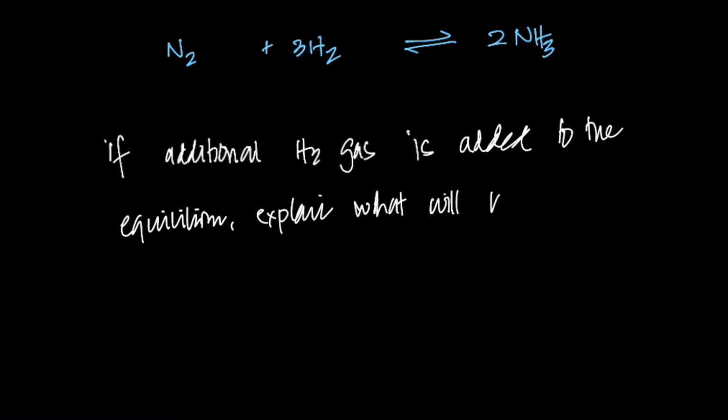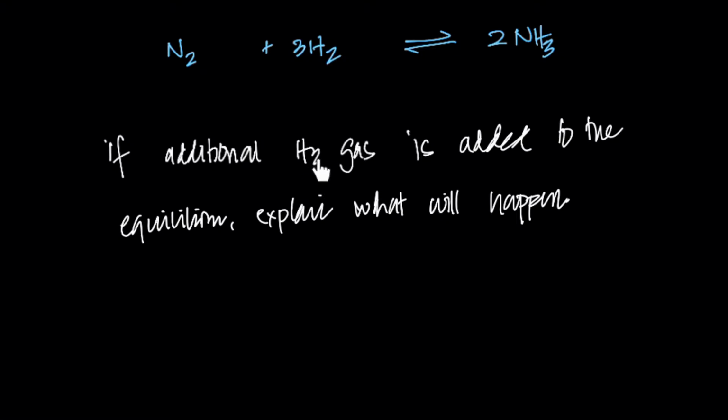Now, all you got to do is find the side hydrogen gas is on, and then are you increasing hydrogen gas or are you decreasing hydrogen gas? And that's the generic method basically.